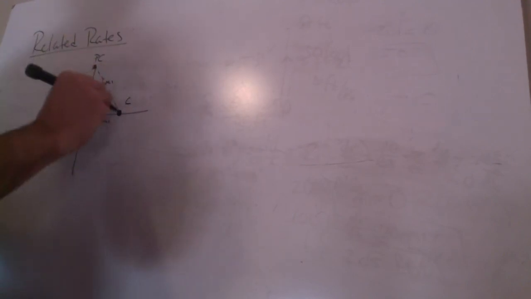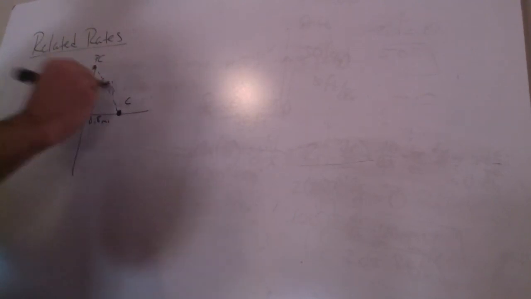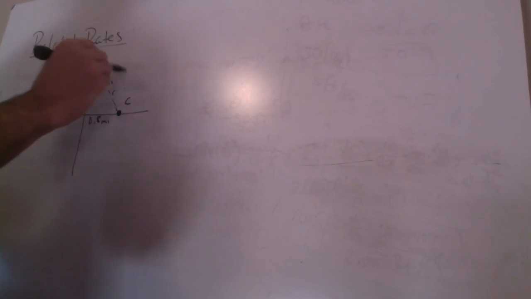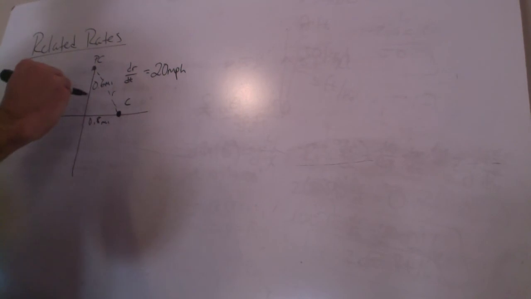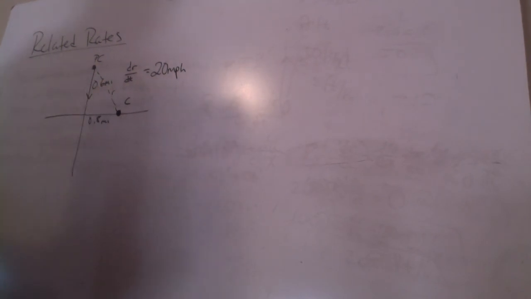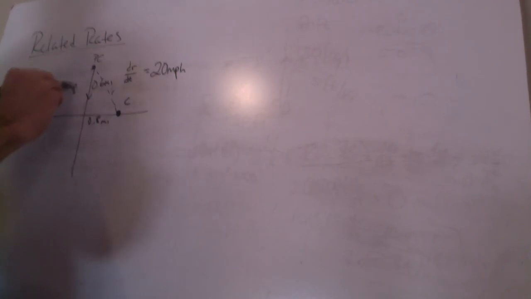This distance, again, I'll call this r just like I did before. It tells us that dr dt, the rate of change of the distance, has to be 20 miles per hour. It also tells us the police are approaching this intersection at a speed of 60 miles per hour.